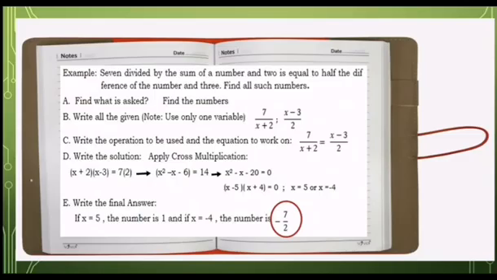And then x minus 5 times the quantity x plus 4 equals 0. So we have the values of x as 5 and negative 4. And then for the last step, write the final answer. If x equals 5, the number is 1. And if x is negative 4, the number is negative 7 halves.